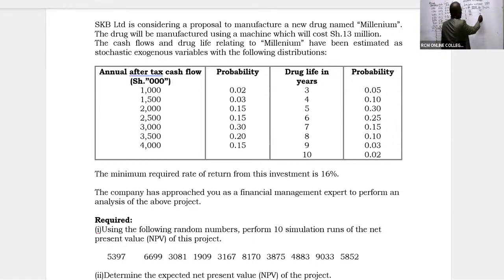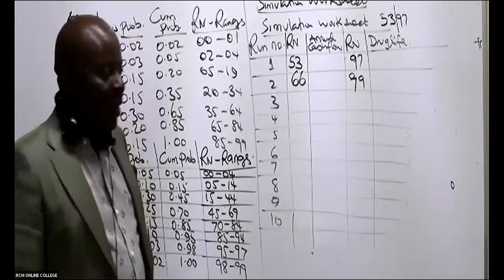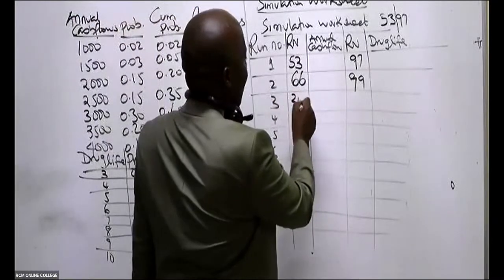Now you guys are young, you should be able to give me the other random numbers pretty fast. I write them. The next one should be 3081. Is that okay? So we have here 3081.